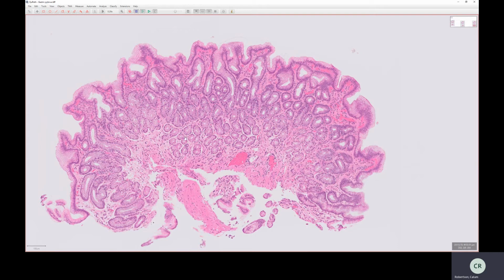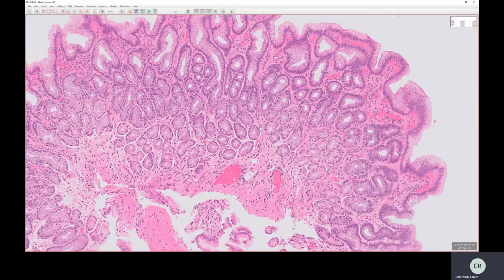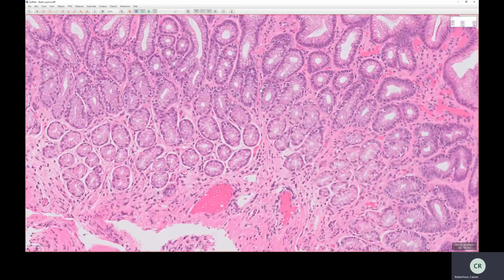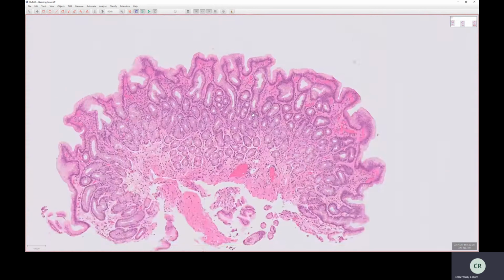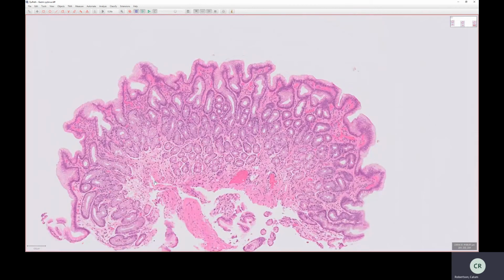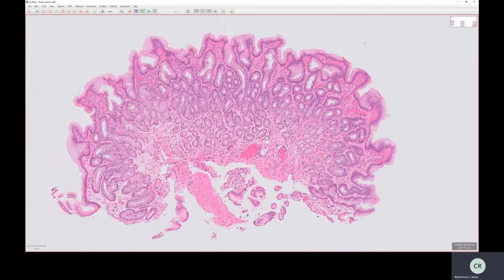You get smooth muscle spurring, which we might be just beginning to see here, where you get smooth muscle cells coming up between the crypts, and you can get a bit of chronic inflammation there as well. And when you see all those appearances, that signifies chemical gastritis or chemical gastropathy, and it's quite a common thing to see in this part of the stomach.